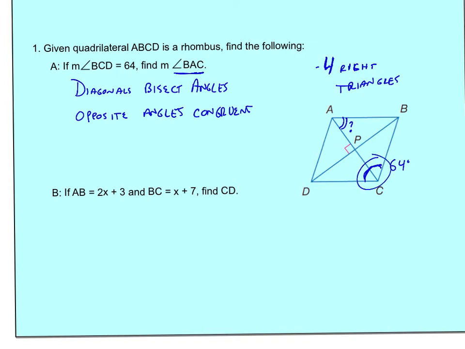If this whole thing is 64, this whole thing is also 64 degrees. It's a parallelogram, so the opposite angles are congruent. Then I want to bisect it, so I'm going to take 64 divided by 2, and my answer is just going to be 32 degrees. That's all I'm looking for.